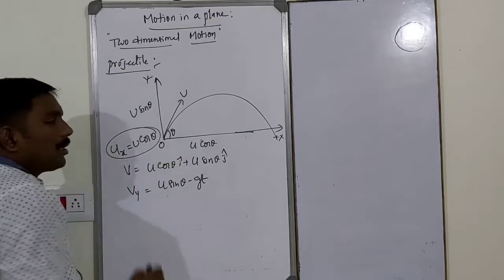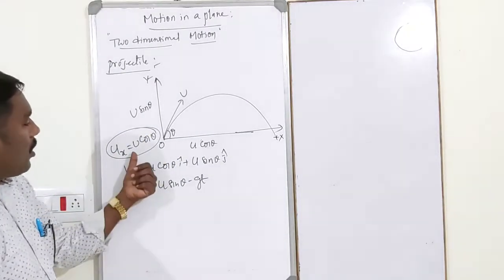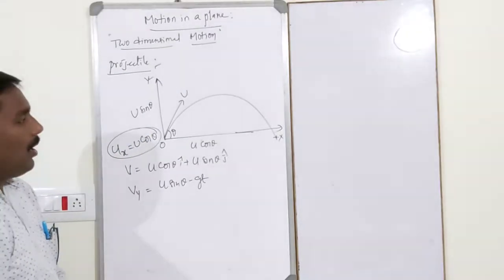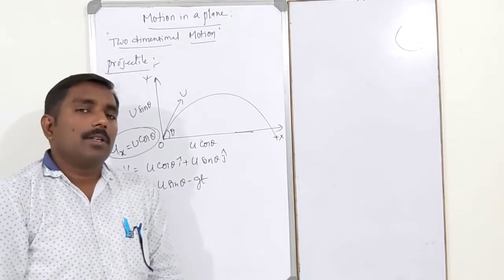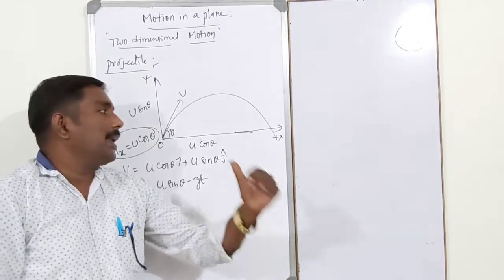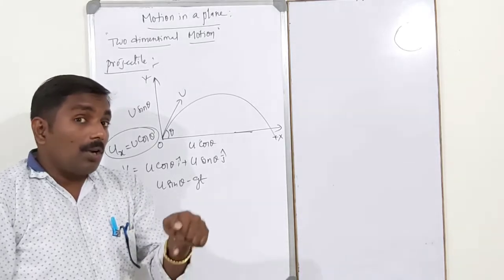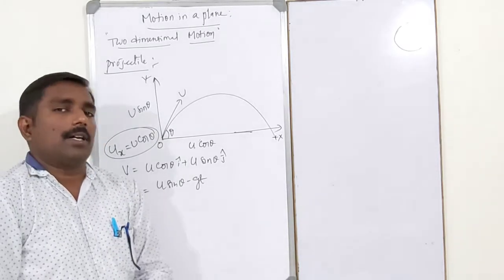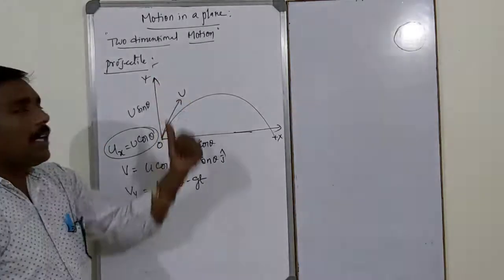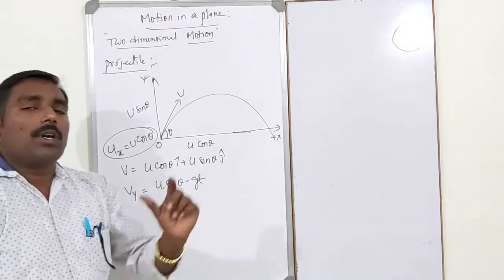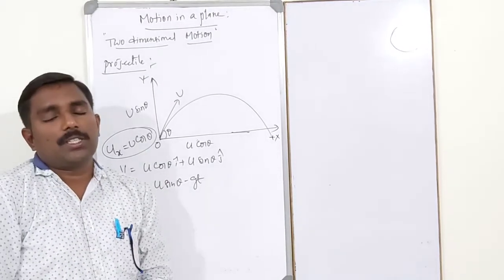The horizontal component does not change because there is no acceleration due to gravity along the horizontal. Why? Acceleration due to gravity always acts towards the center of the earth only. So only the vertical component will change.